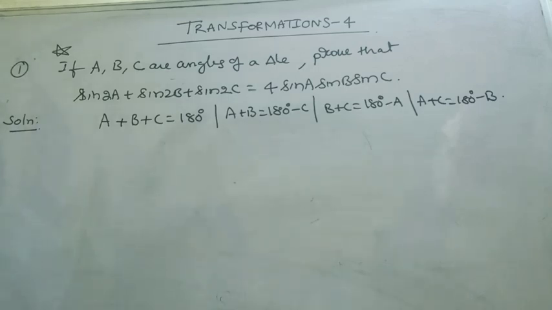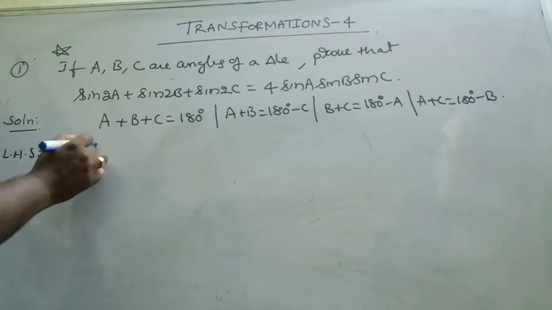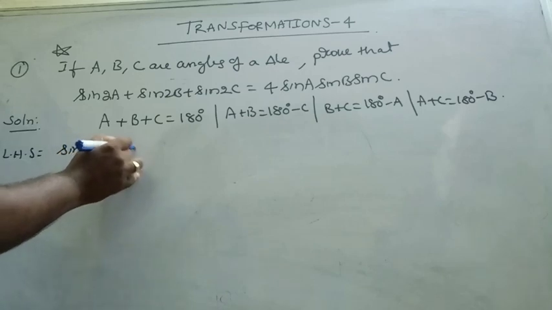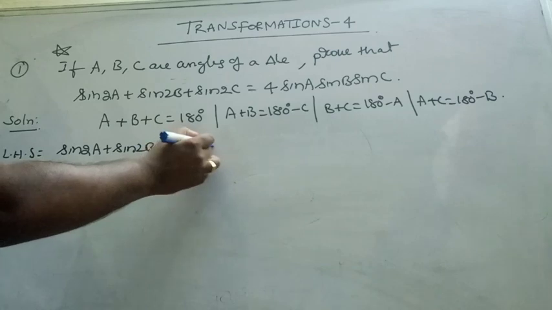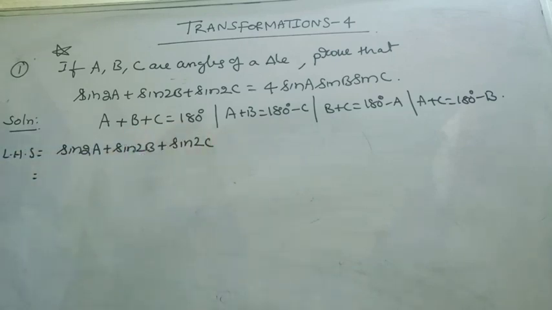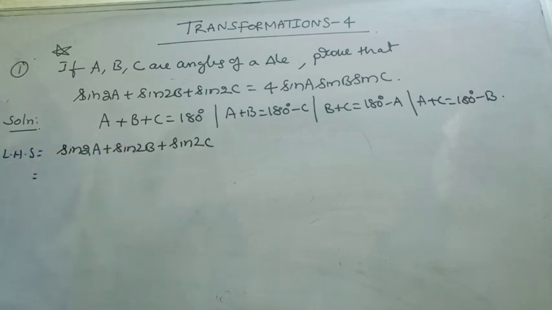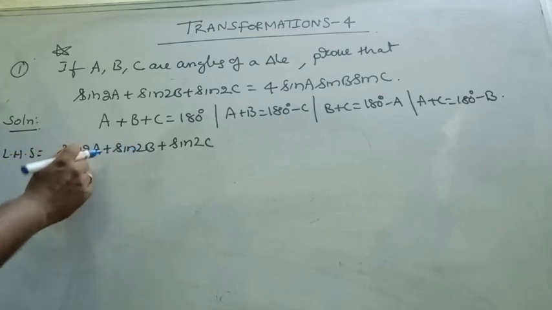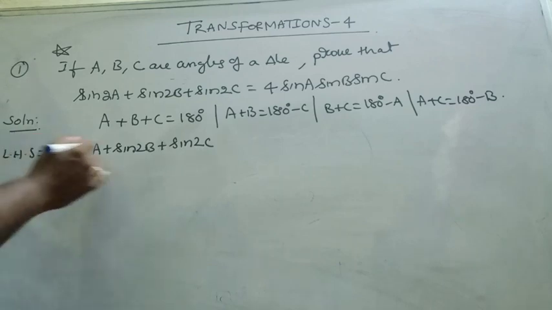Now let us take our left hand side part. This is equal to sine 2A plus sine 2B plus sine 2C. Now you take these two, sine 2A plus sine 2B. So let us apply the sine C plus sine D formula here.